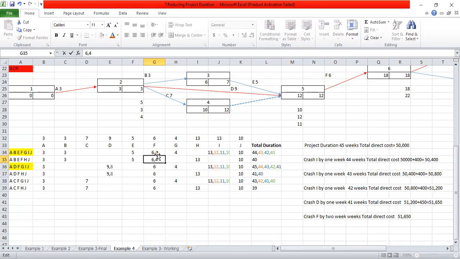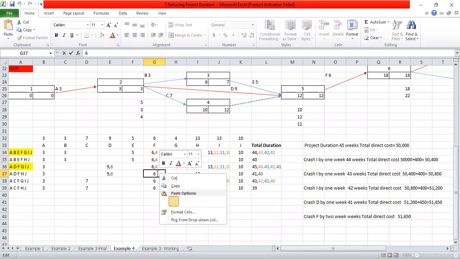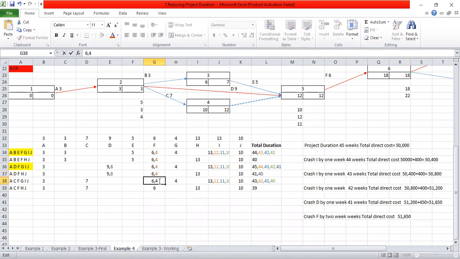As F is common, you can crash the F activity by 2 weeks. So the duration should also be changed. Here 39.